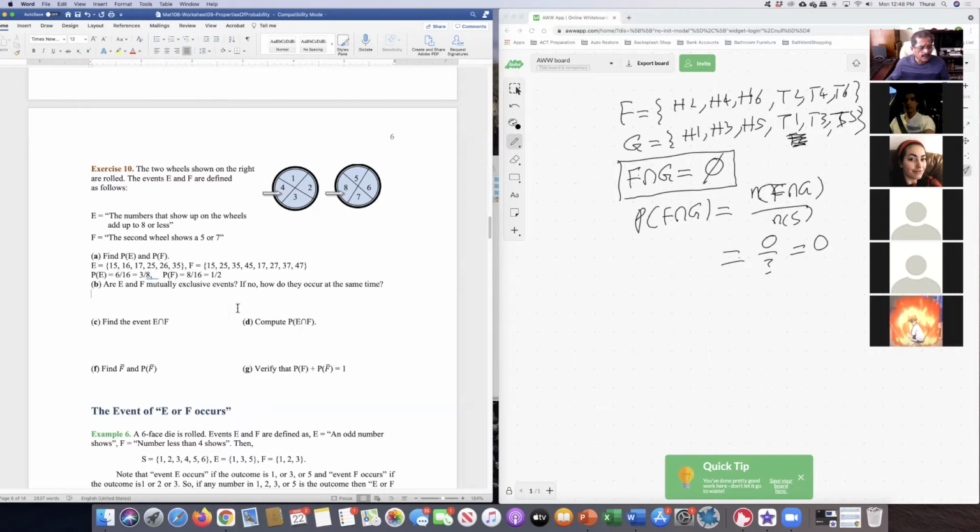To figure out whether E and F are mutually exclusive, I'm going to find E intersection F first. What are the elements we have in the intersection? 1, 5, 2, 5, 3, 5, 1, 7. Okay, 1, 5, 2, 5, 1, 7.